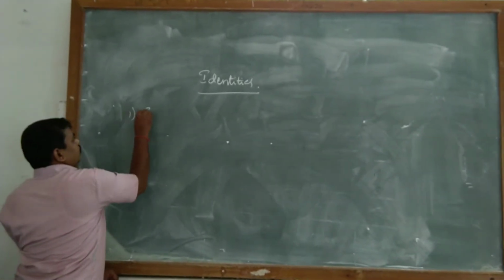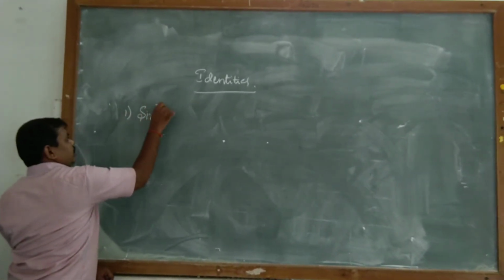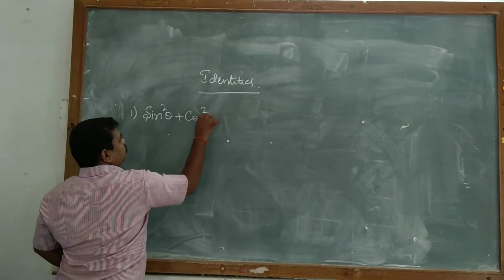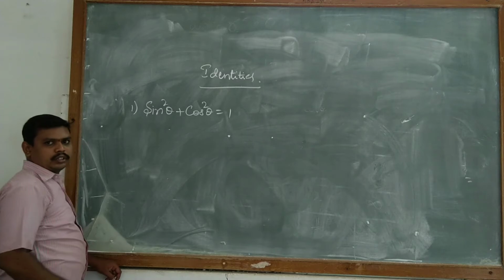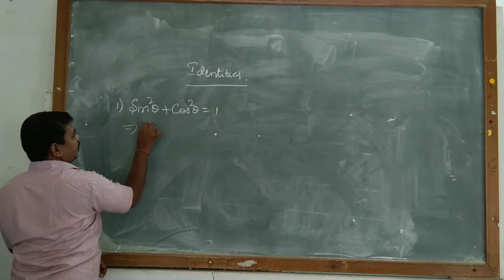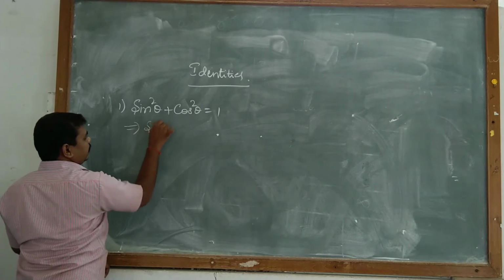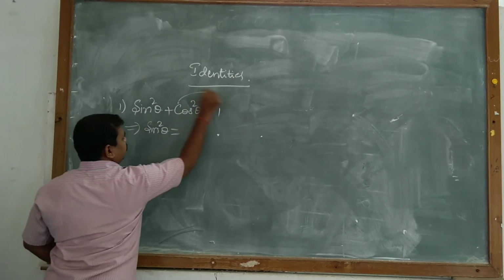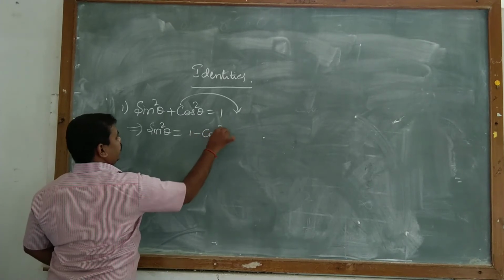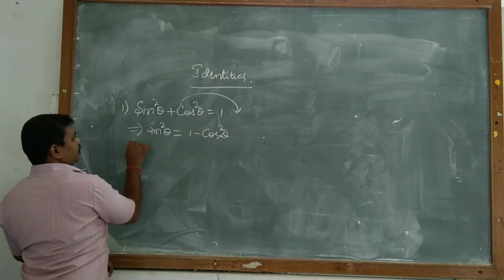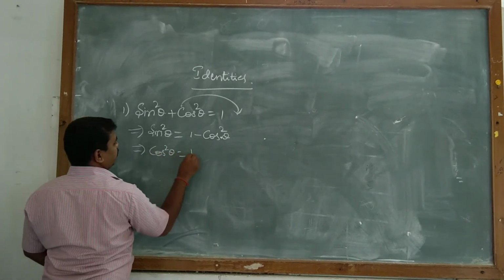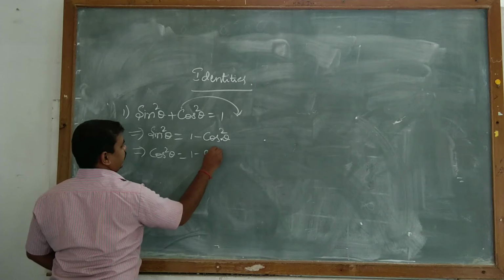Okay. Next, identities. Let us see. First one: sin square theta plus cos square theta is equal to 1. That implies, if you want to find the value of sin square theta, you can write sin square theta is equal to 1 minus cos square theta, and cos square theta is equal to 1 minus sin square theta.